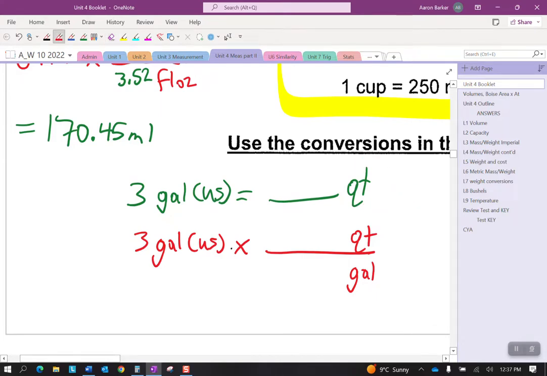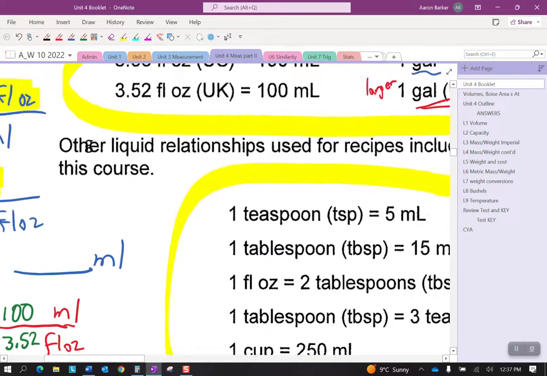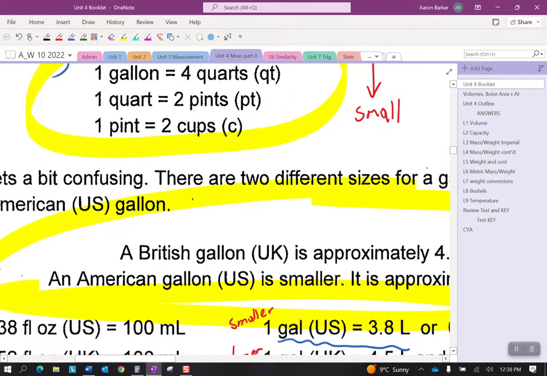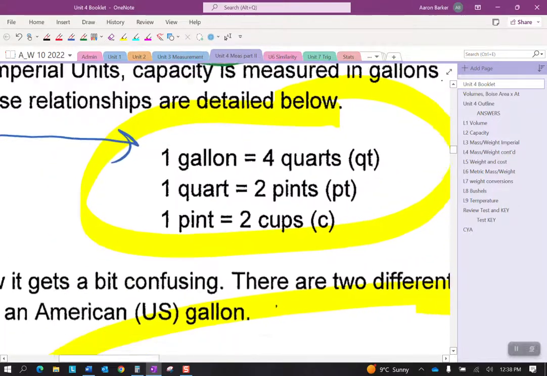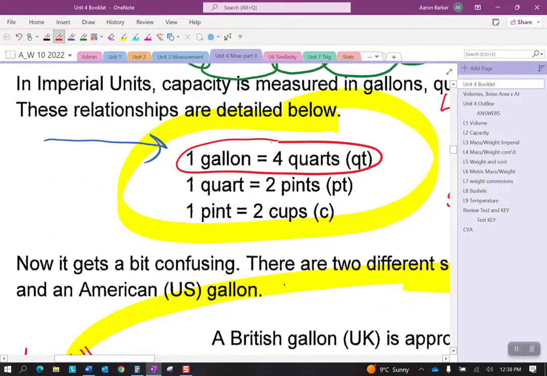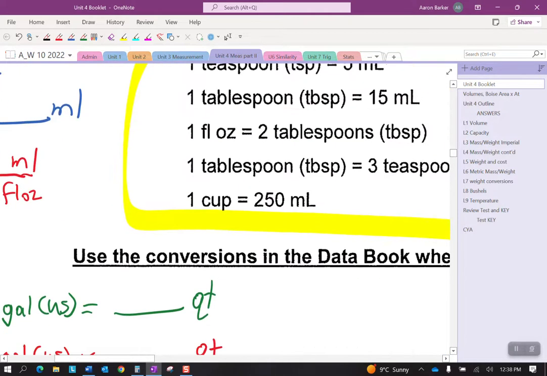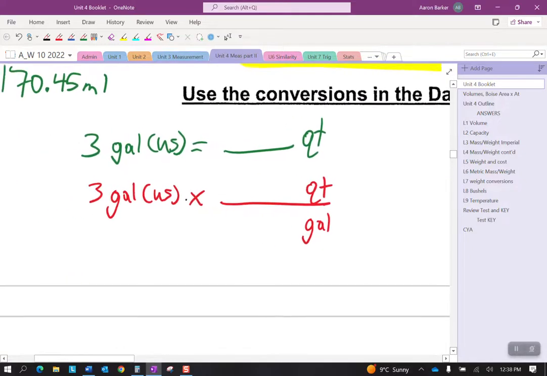So we go back up to our data table, and we're looking for quarts and gallons. Oh, right here, I believe it is. Our conversion factor is 1 gallon equals 4 quarts. So we go back, 1 and 4. So what number do I put on top?